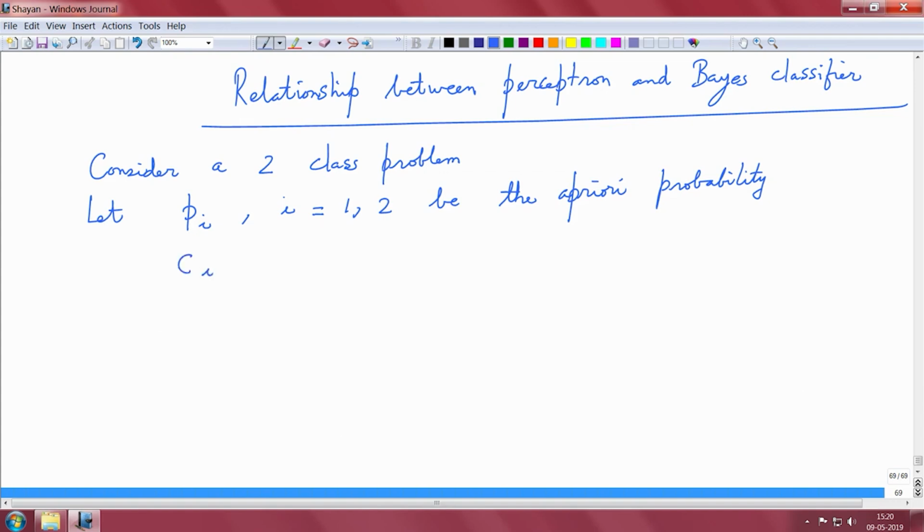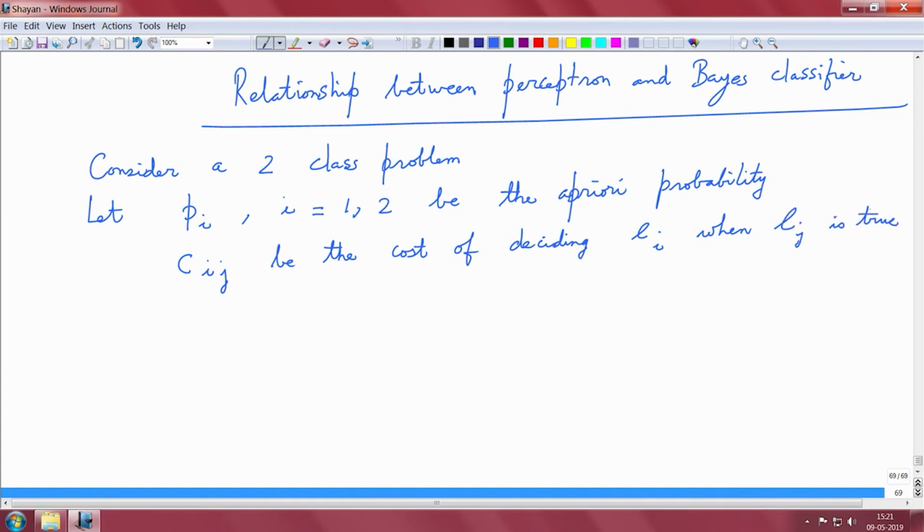Let C_ij be the cost of deciding class Ci when Cj is true.